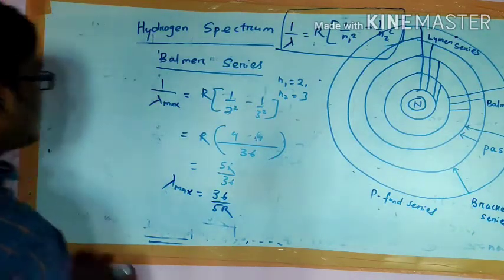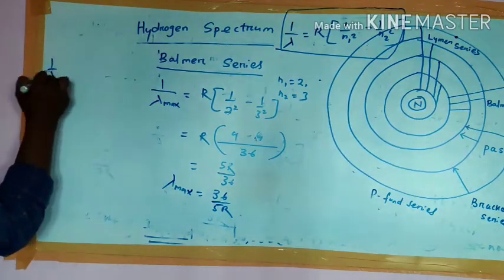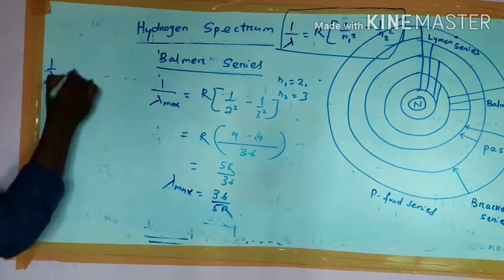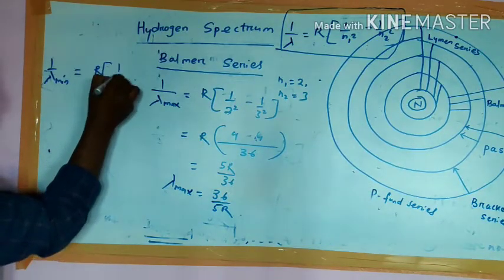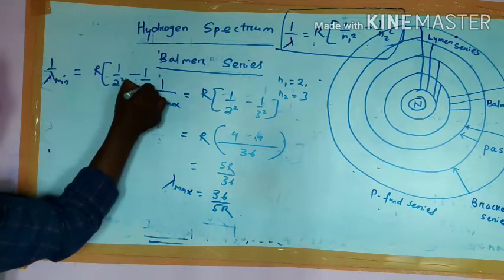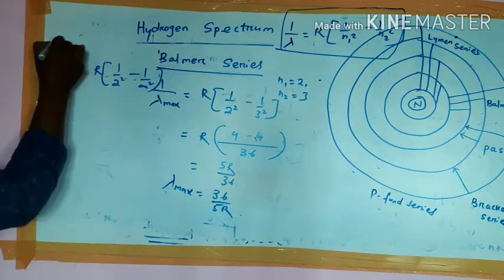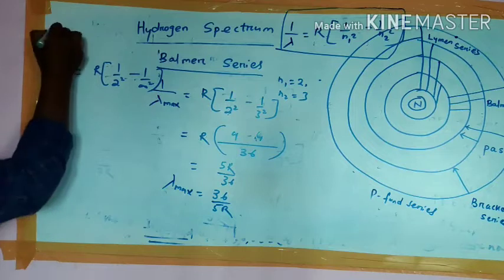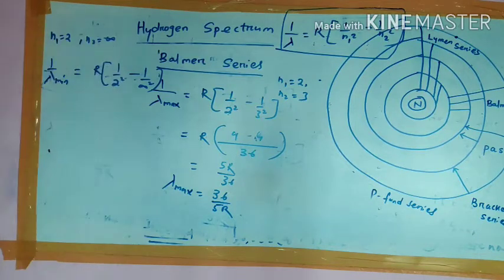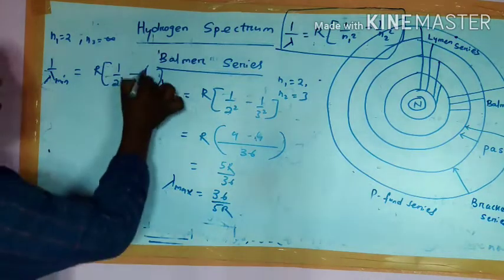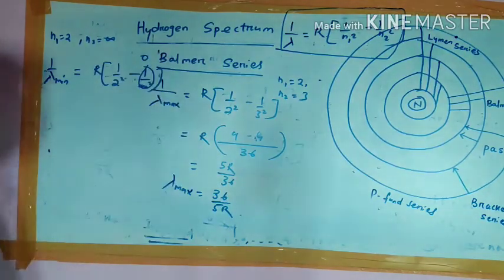Clear? Similarly, 1 by lambda minimum is equal to R into 1 by 2 square minus 1 by infinite square, because for this minimum wavelength n1 becomes 2 and n2 becomes infinite. So 1 by infinite is equal to 0.